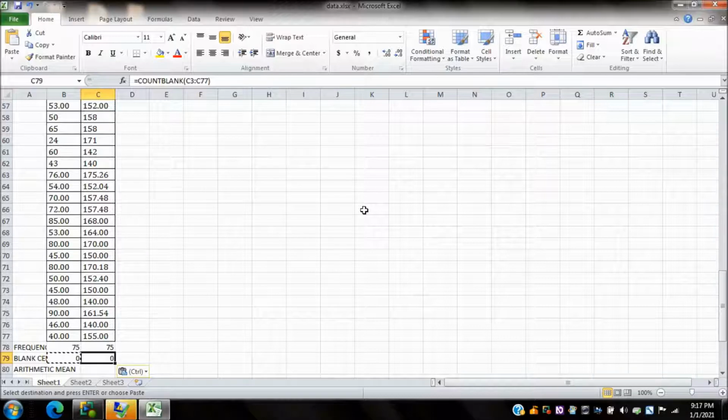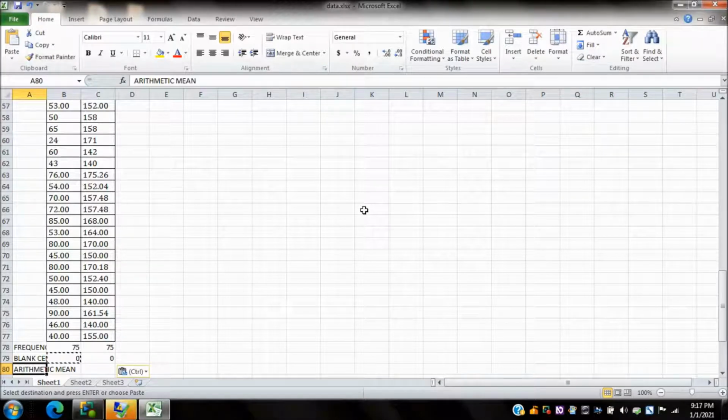Okay, next thing that I'm going to find is the arithmetic mean. I'll go to A80. Arithmetic mean. Arithmetic mean is simply the average score or average of the given number of data.